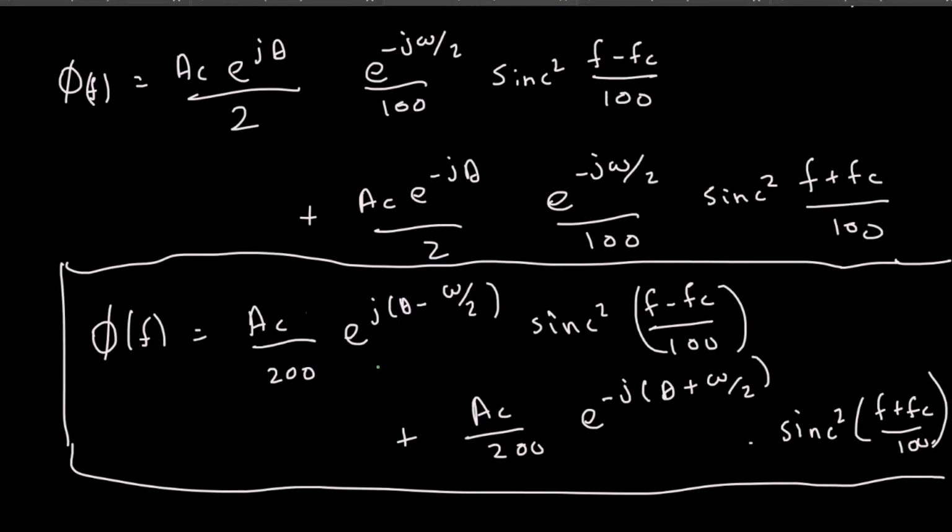Okay, and to find out the width, we have to look at what it is dividing by. So here it is dividing by 200. Actually dividing by 100, we have to look at what the frequency is dividing by. So that is 100.